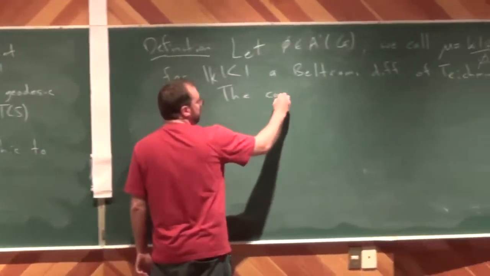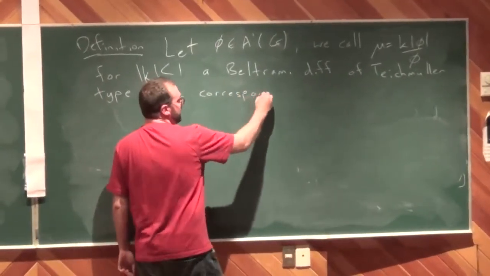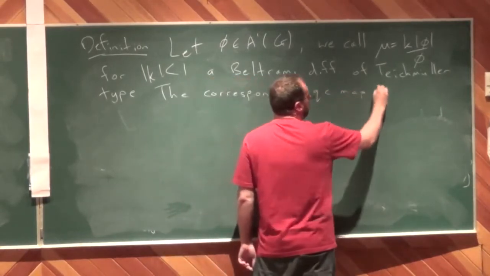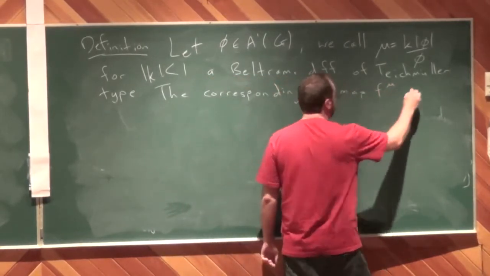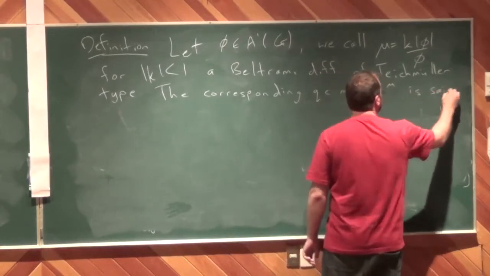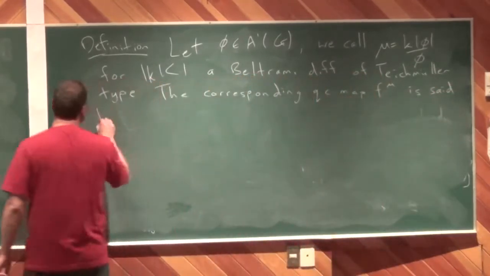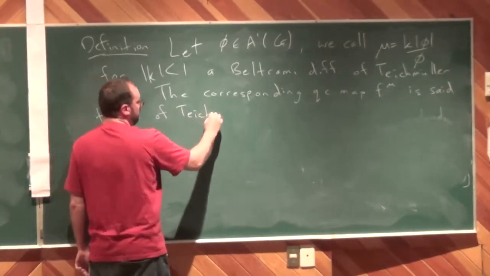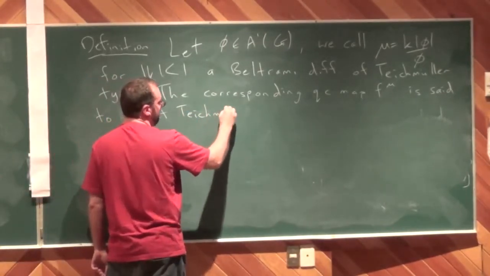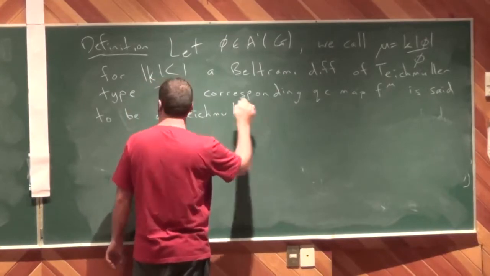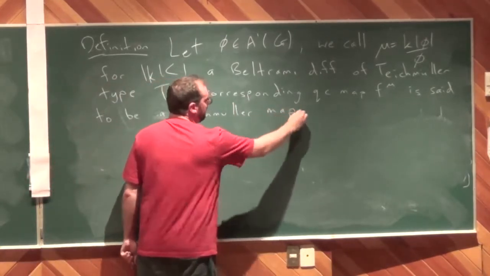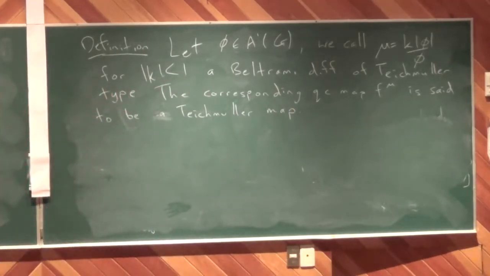And let's just also note that we define the corresponding QC map F upper mu that is said to be of Teichmüller type. Sorry, it's the Teichmüller map. Okay.